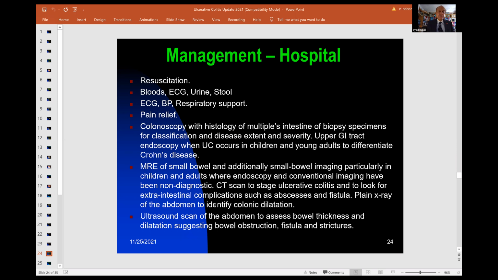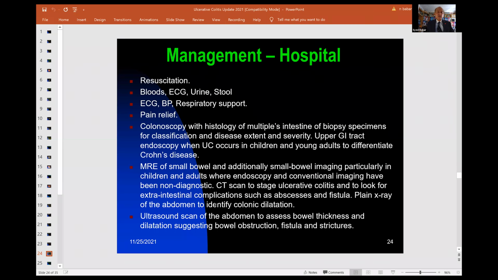When it is safe, colonoscopy, staging of ulcerative colitis by way of patient severity of symptoms and also classification to differentiate between Crohn's and ulcerative colitis on the basis of histology when it is convenient and safe for the patient.